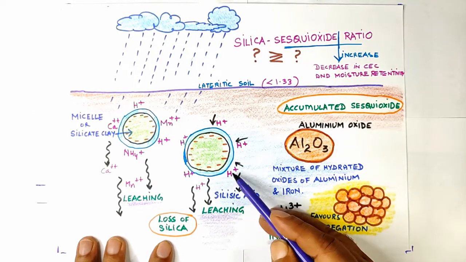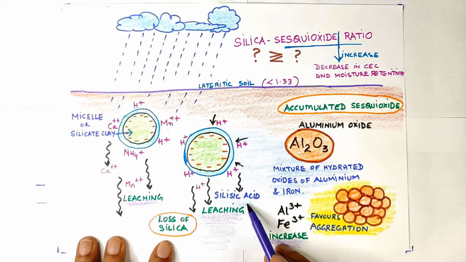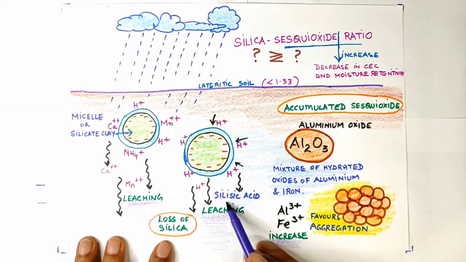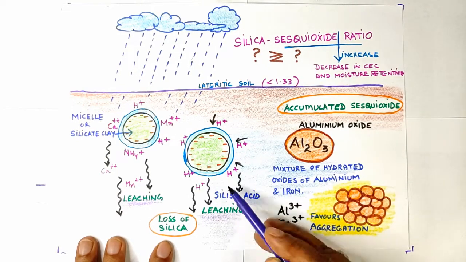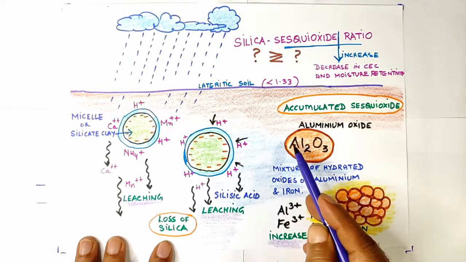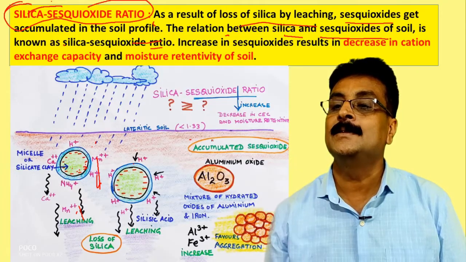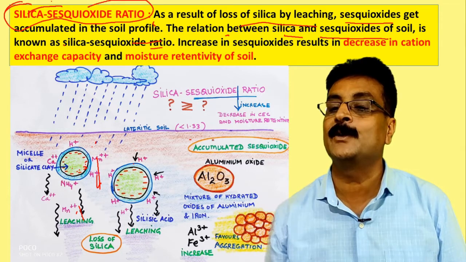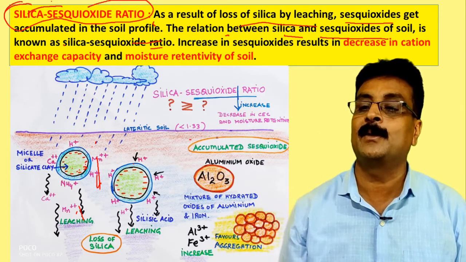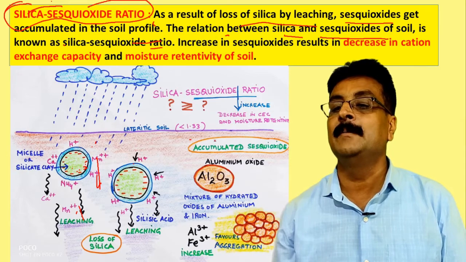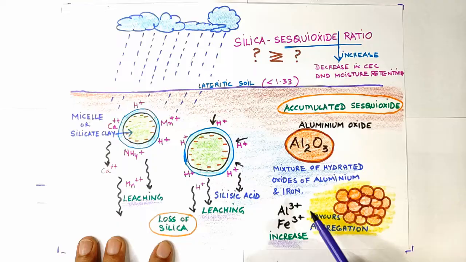That becomes silicic acid. This silicic acid will also leach down in coming rainfall, and then what is left is only aluminum oxide. This is sesquioxide, either of iron or of aluminum. This will remain as accumulated sesquioxide.